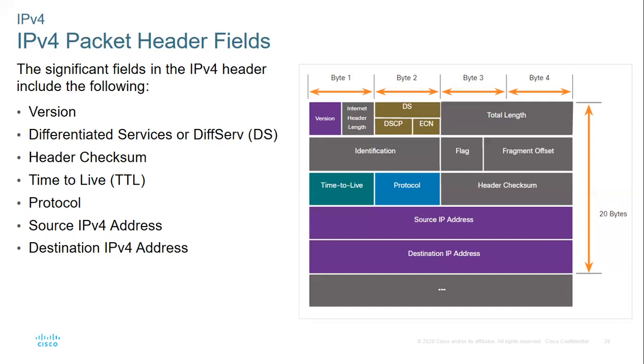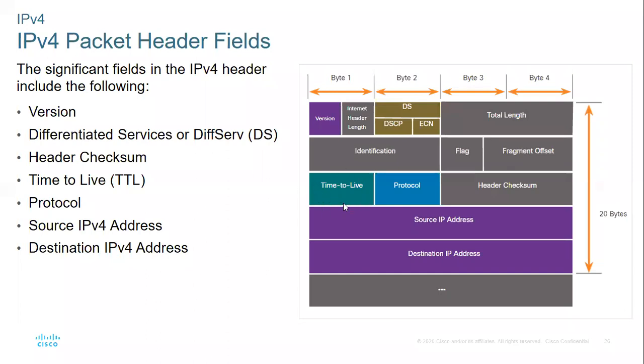So that packet is going to be fragmented. Now, on the other end, these three parts are responsible for identifying those chunks and reassembling them. Okay, that's how it works.